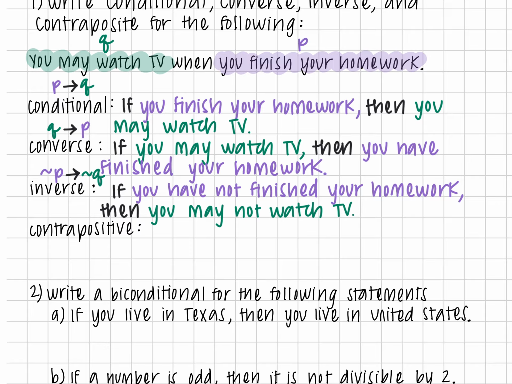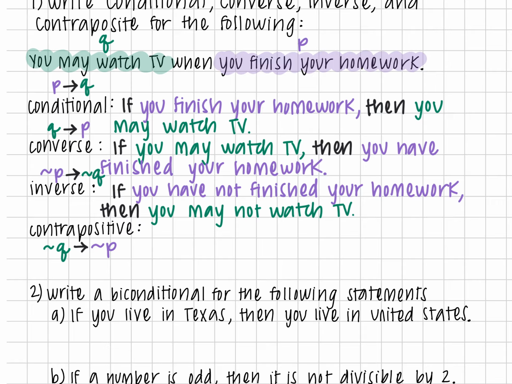So writing out my symbolic form for my contrapositive, I'm going to actually look at my inverse symbolic form up here. And I'm just going to reverse that order. So I'm going to have if not Q, then not P. All right, so I'm looking at my inverse and what I had, and I just need to switch the order.